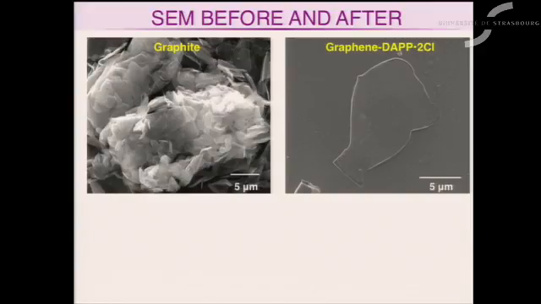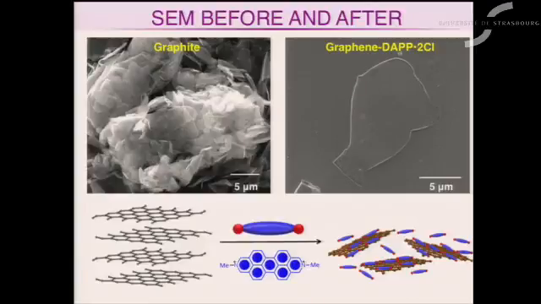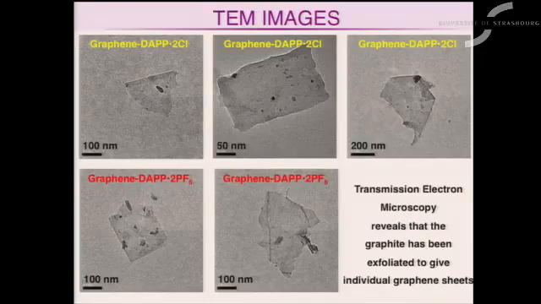And you can look at this, of course, using scanning electron micrograph. So we have graphite, and then you can see these flakes that are effectively produced when you have the DAPP present. And then if you go to TEM, we can compare up here the chloride with the hexafluorophosphate.